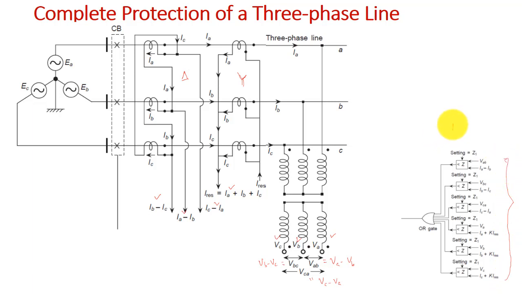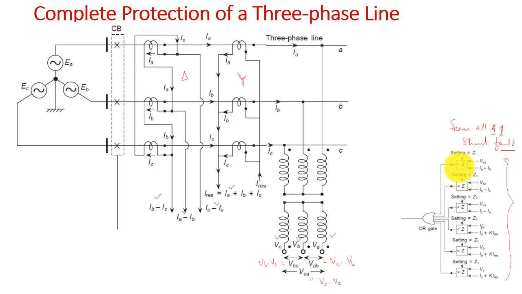This will cover all 11 shunt faults, and VA with IA plus K I residual will give protection from the 3 phase balanced fault, because in that case I residual will become 0 and VA by IA will give us Z, that is the impedance seen by the relay.